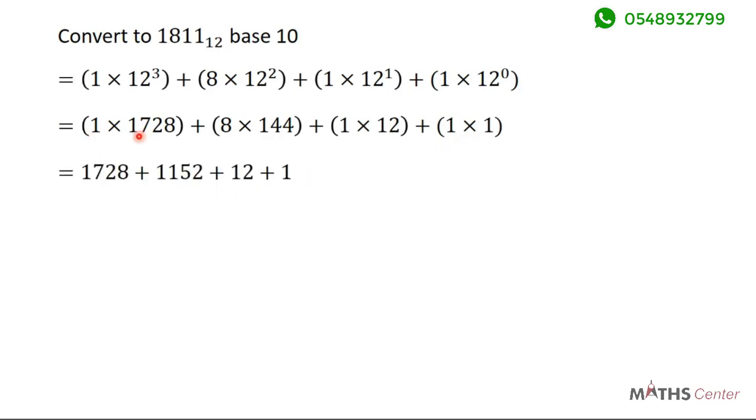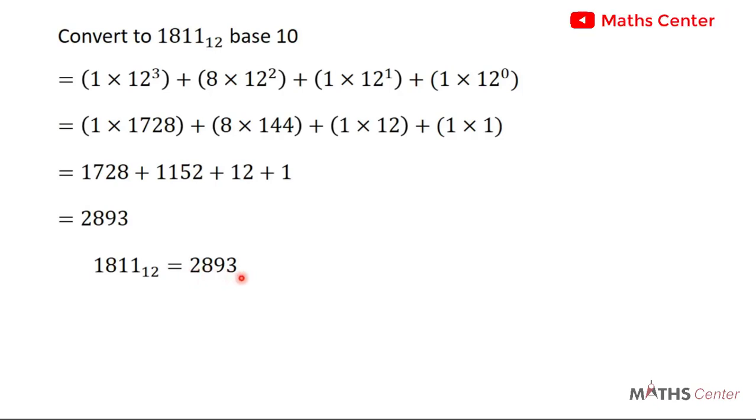1 times 1728 will give us 1728, plus 8 times 144 will give us 1152, plus 1 times 12 will give us 12, and 1 times 1 will give us 1. You add everything here and we are getting 2893. So if you convert 1811 base 12 to base 10, you are going to have 2893.